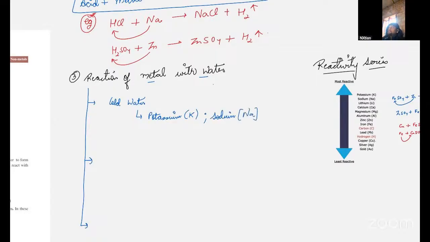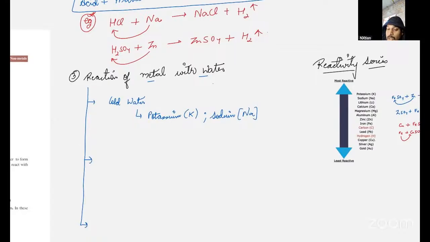They both will react with cold water. Because they are highly reactive, they can easily react with cold water. Okay, got it?